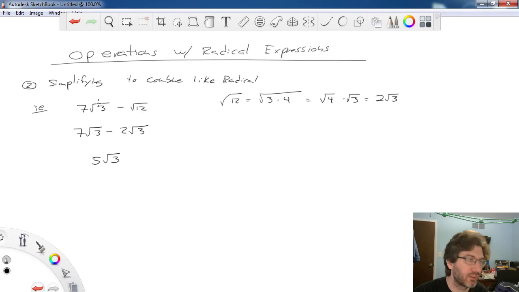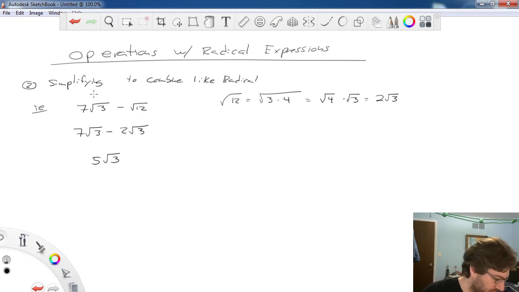Now this can get a little tricky if you don't notice any like radicals. Here we're looking for 3, and I know 12 has a factor of 3, so it's going to work. Well, the factor of 3 with 12 is a perfect square, so it's going to work. But sometimes it just doesn't quite work out, and you can't really do much with it. So there are some other tricks that you kind of throw at it.